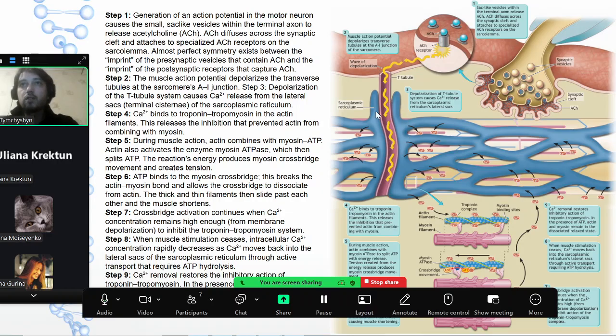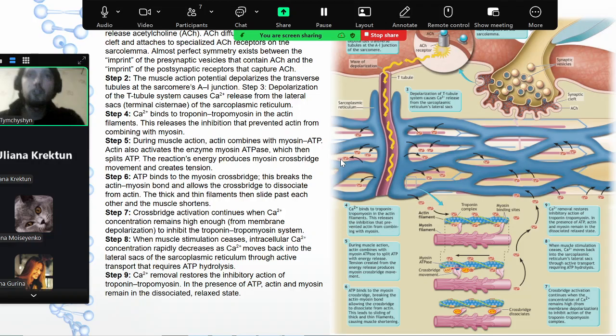Here you see the terminal cisternae, and here you see the calcium ions to be released. During the muscle action, actin combines with myosin and ATP, and here you see this sort of mechanism. I guess I have some better pictures a little bit later.